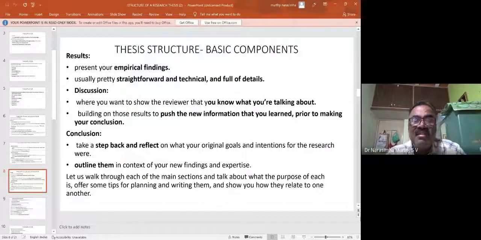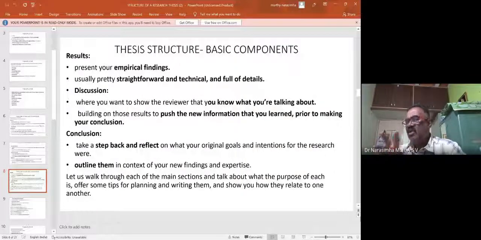Finally, conclusion. It's a kind of taking a step back and reflecting on your research questions, original goals, intentions, and you're going to say whether you have fulfilled them or not, whether you have answered them or not. And remember, outline them in the context of your new findings and expertise.